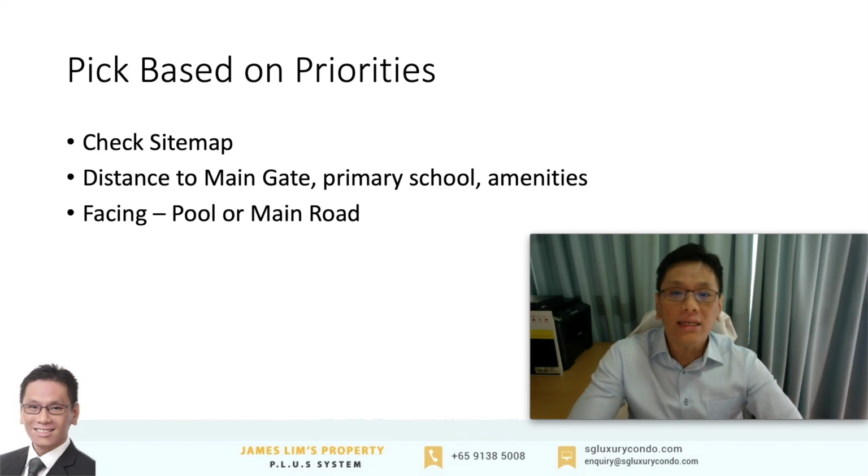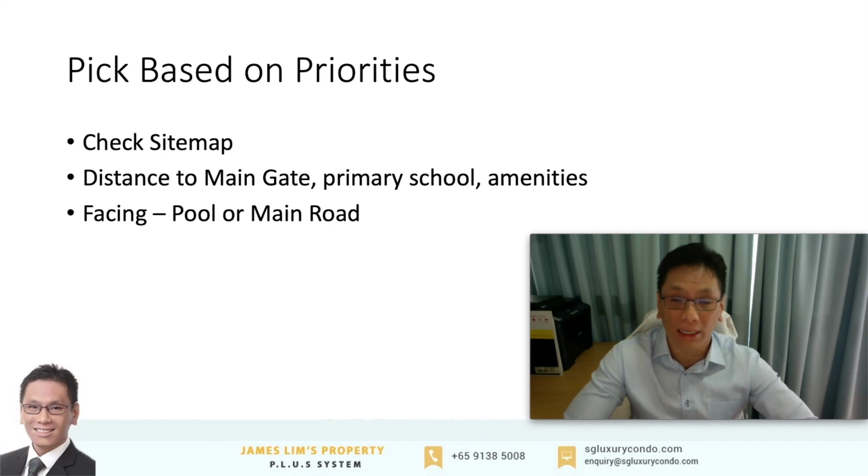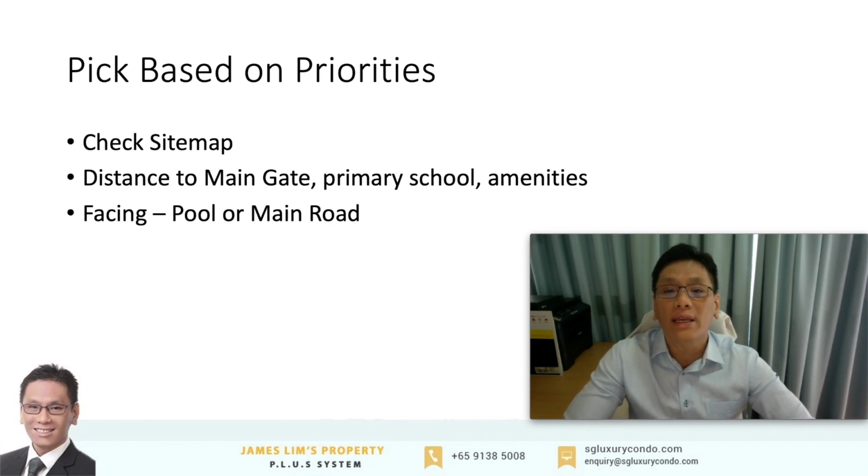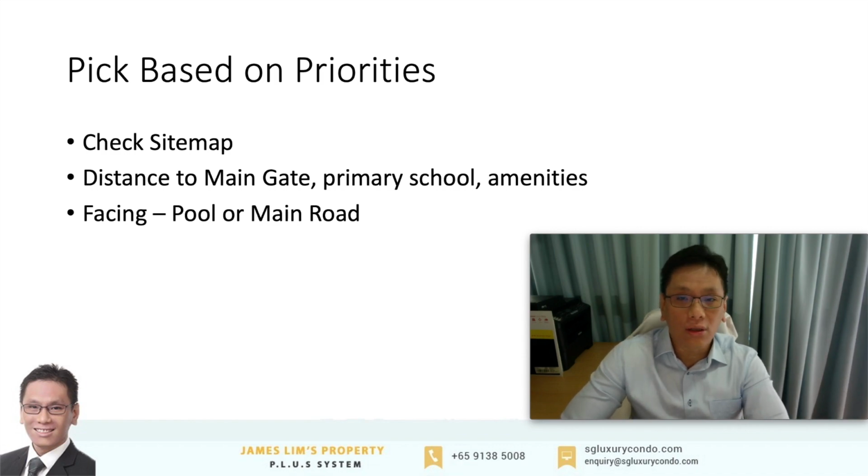Secondly, some people buy condos because they want to put their child into a particular primary school that is within 1 kilometer. When a school is within 1 kilometer of a condo, it will give the child priority to enter the school for the balloting phase. Now, some condos, for example Sengkang Grand in Bangkok area, some of the blocks are within 1 kilometer, some are not.